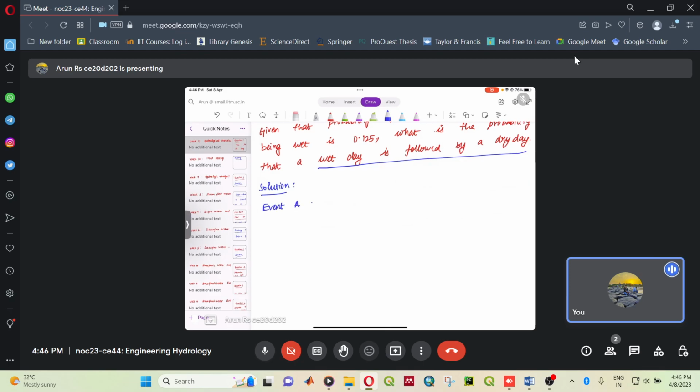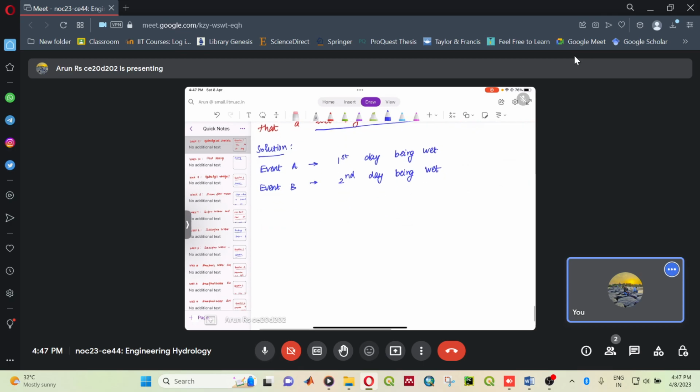I'm calling the event A as first day being wet, and event B as second day being wet. So event A complement will be first day being dry, and event B complement will be second day being dry.